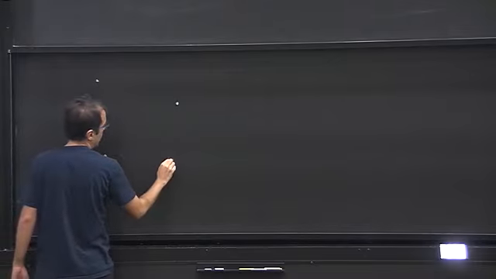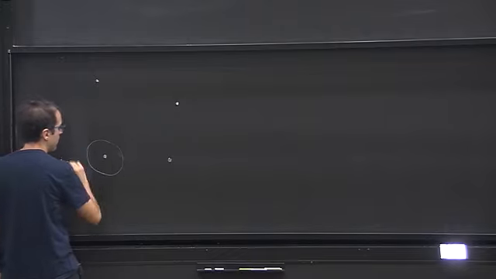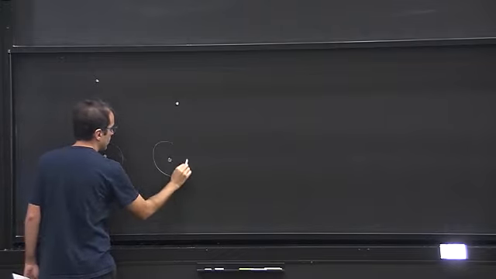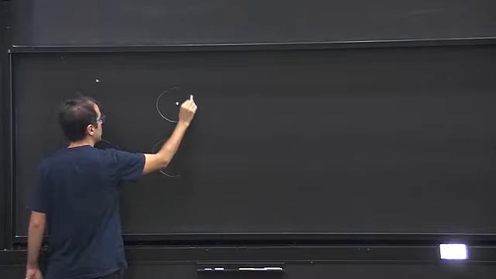So we started with some configurations of vortices, and we said that there is some radius where they cannot approach much.